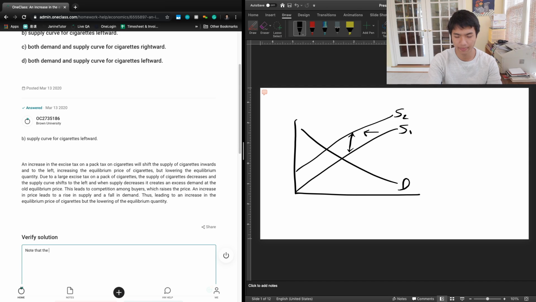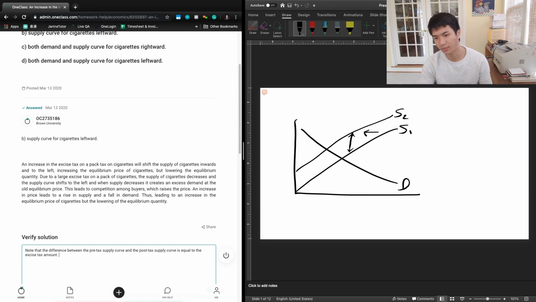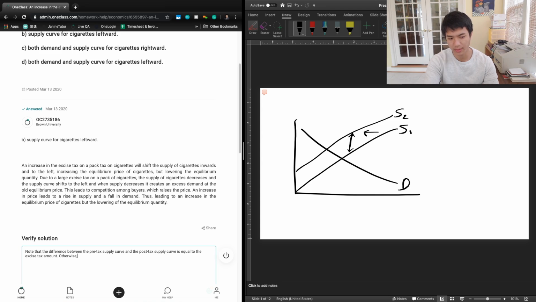The difference between the pre-tax supply curve and the post-tax supply curve is equal to the excise tax amount. And so that's going to be important to note, but otherwise, yeah, good answer.